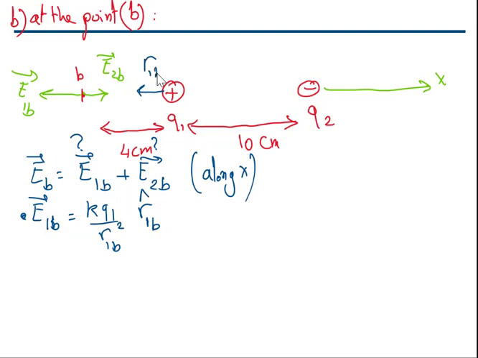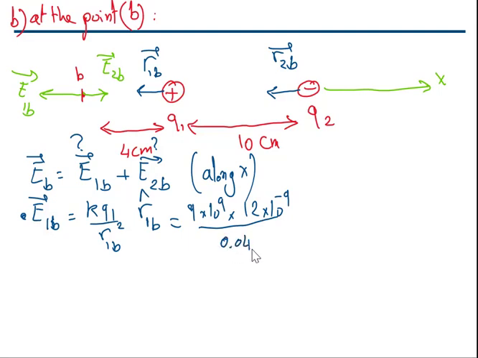So this is r1B. Good. Now we just substitute the numbers. So it's 9 times 10 power 9 multiplied by 12 times 10 power negative 9 divided by the distance from Q1 to B, which is 4 centimeters. That means 0.04 squared multiplied by the unit vector r1B. r1B is toward the negative x.